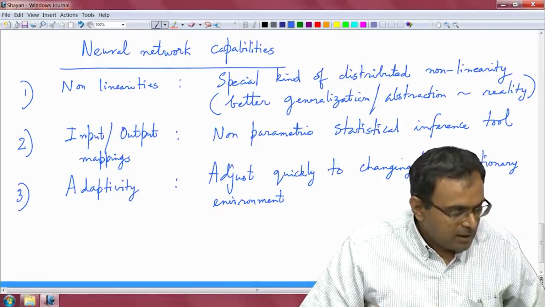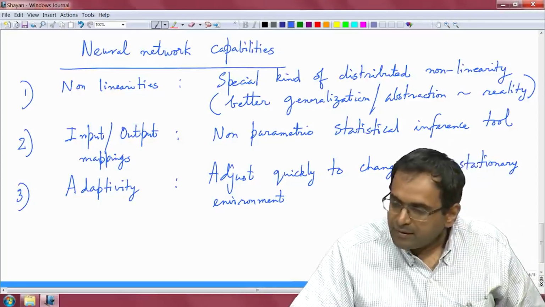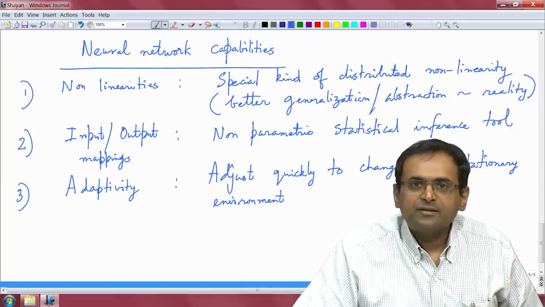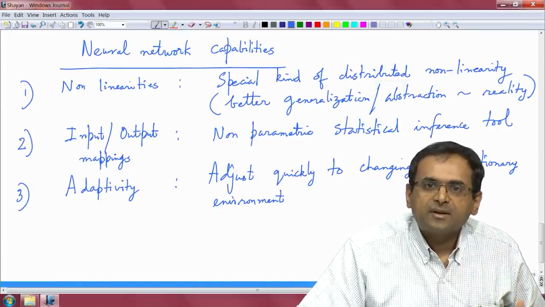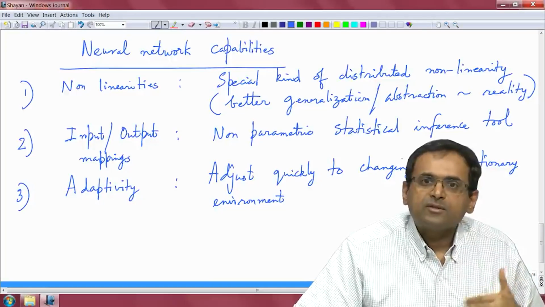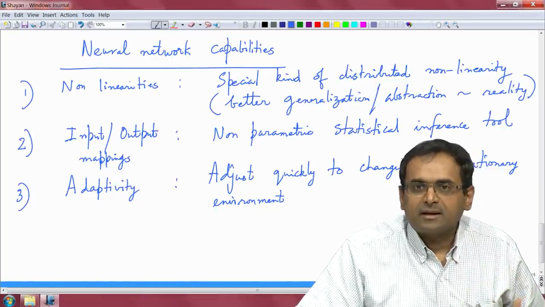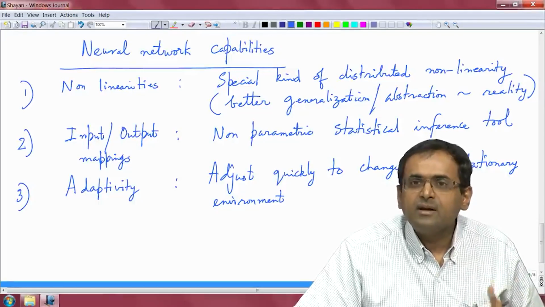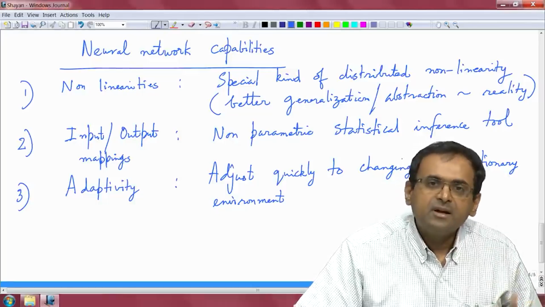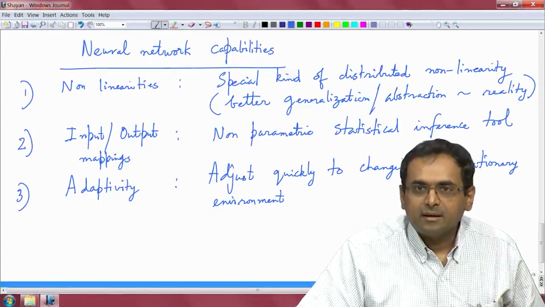Okay. And with these capabilities, now we have a rich set of tools. I mean, from conventional linear signal processing techniques, we are now going towards non-linear signal processing techniques, which are robust. That is, you can handle input non-linearities, you can learn input output mappings, you have this adaptability property.